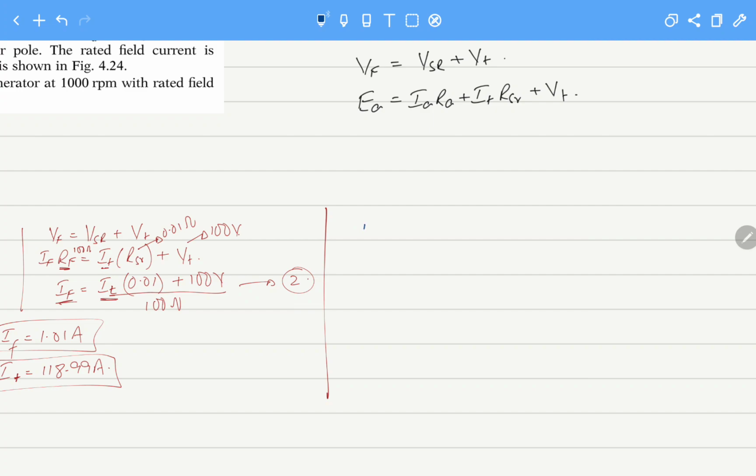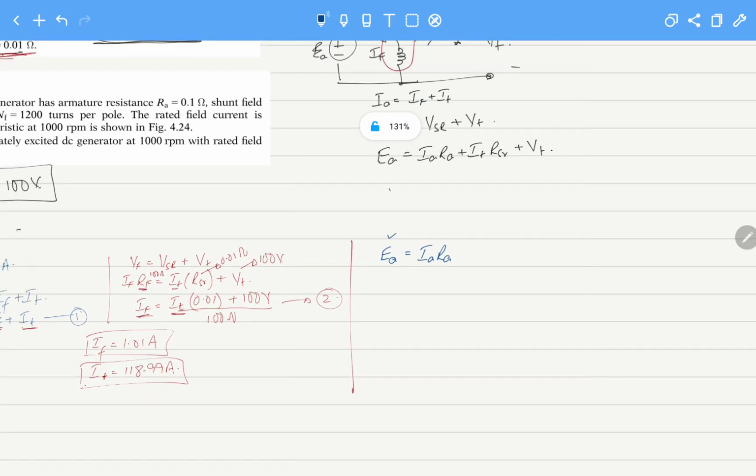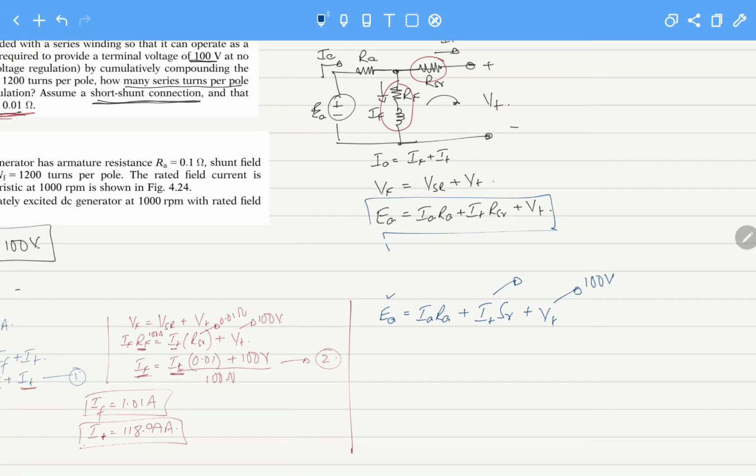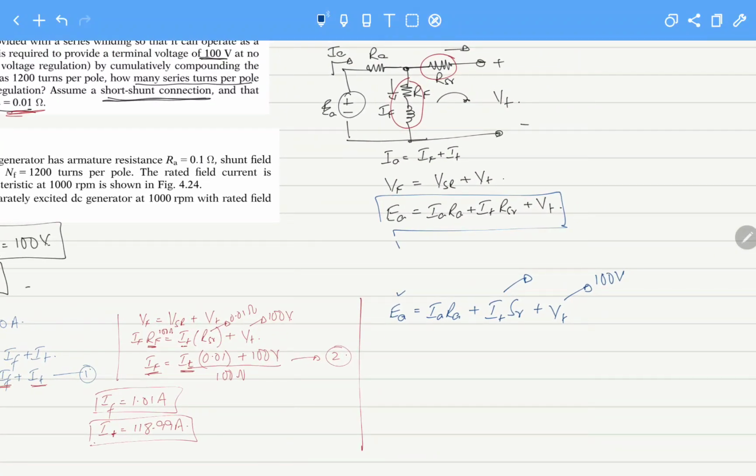So what it is saying is we want to know EA, and we know that it is IA RA plus IT R series plus V terminal, the equation for a short shunt connection. We want 100 volts. Our machine is fully loaded. The terminal current we have calculated is 118.99 into R series.